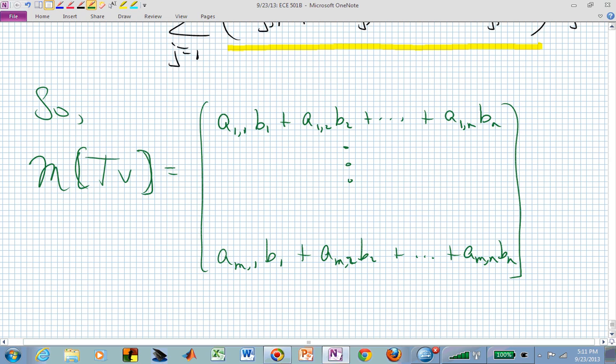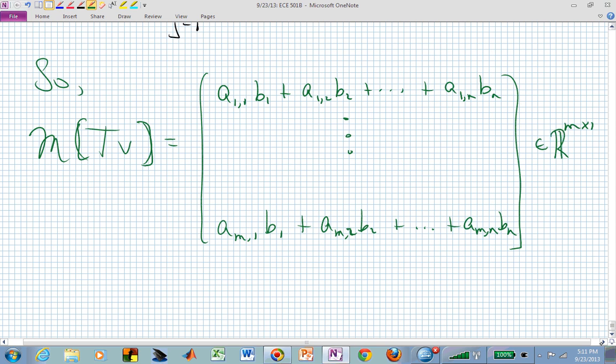M. How many columns do I have? That's just the one column, isn't it? This is now just the matrix representation of the linear map T on a generic vector V. So this is now belonging to M by 1 dimensionally, just to make sure that I'm thinking about this properly.